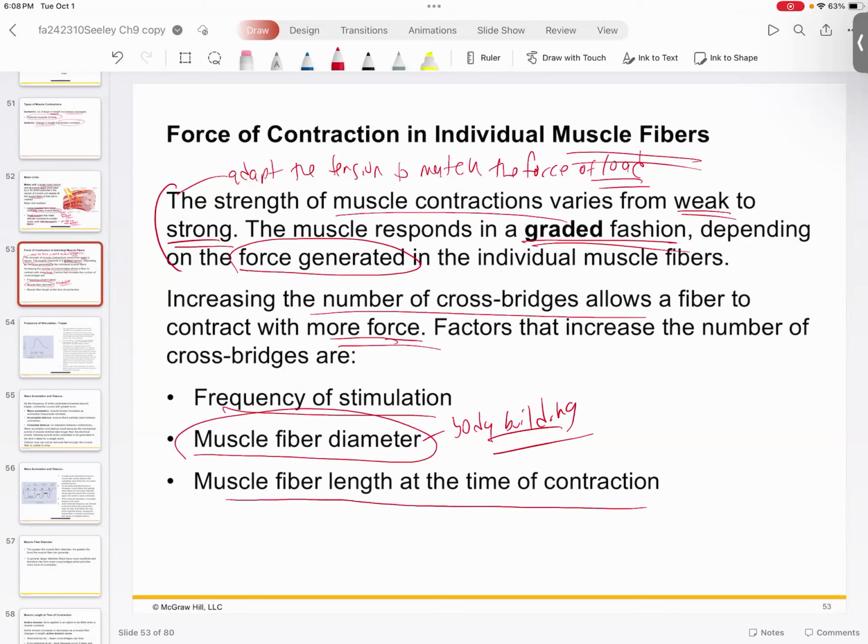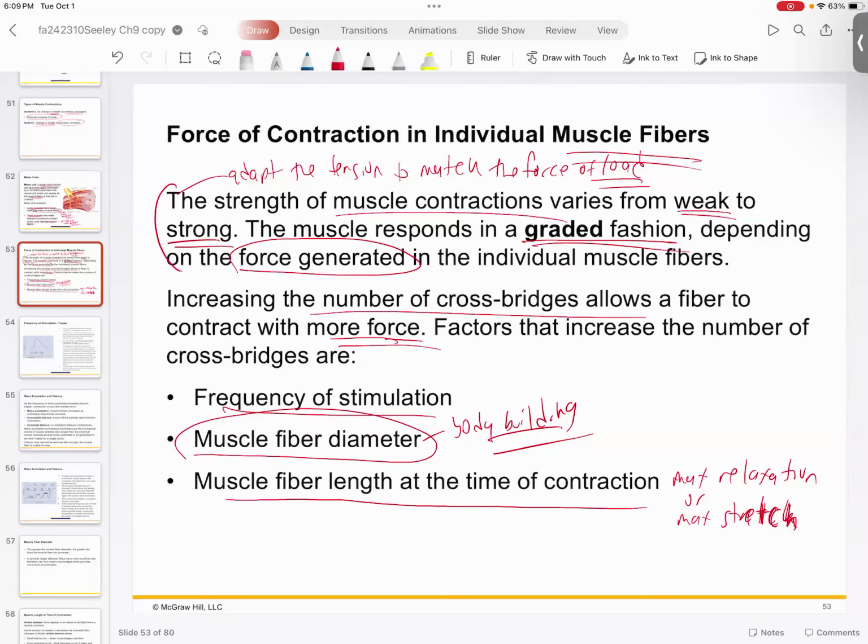And muscle fiber length at the time of contraction. So this is basically max relaxation or max stretch. One thing in muscleology is, in order to contract, you can only contract as well as you stretch.